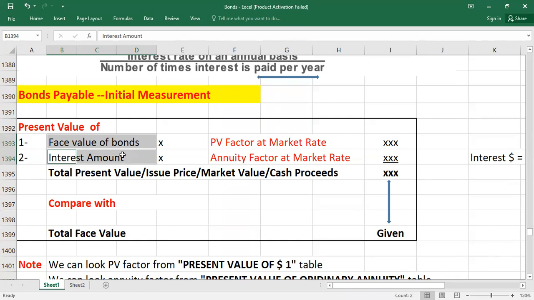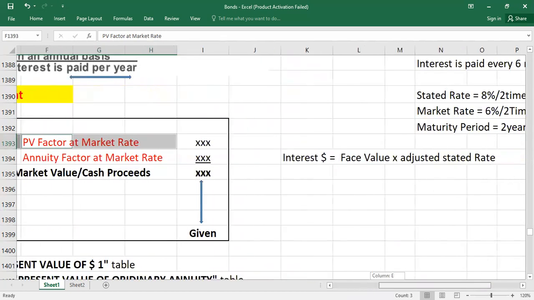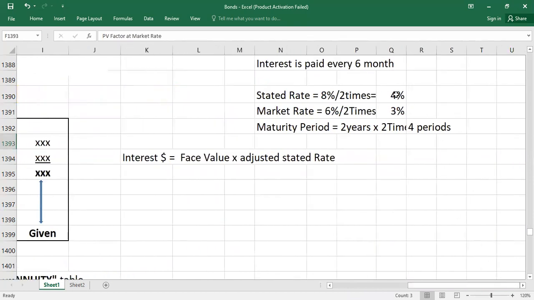So we are going to calculate the present value of these two cash flows. The face value of the bonds we will always multiply by the present value factor at the market rate. Here you should remember, for the present value factor you will look at the market rate, and you should take the adjusted market rate, which is 3%, not 6%.